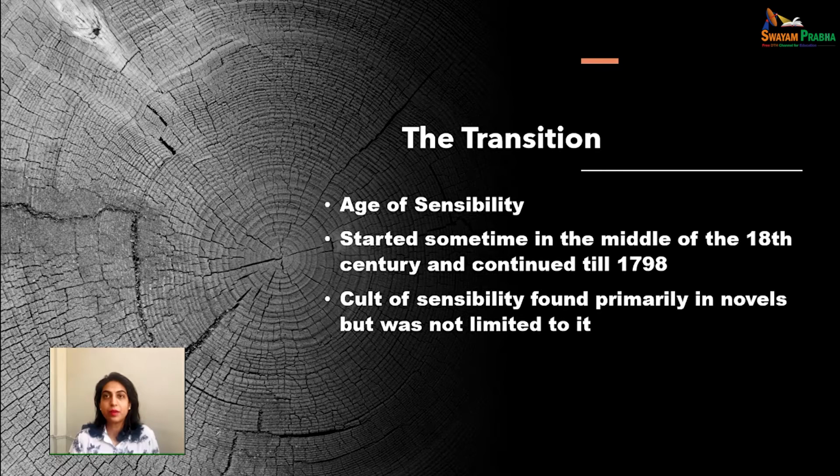It started sometime in the middle of the 18th century and continued till 1798. The cult of sensibility was found primarily in the novels. But gradually, in poetry and in other genres too, this cult started making its mark.